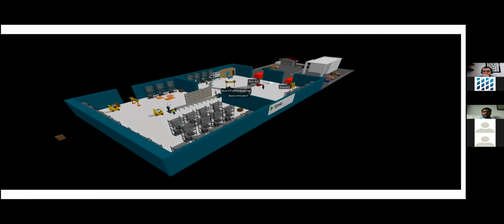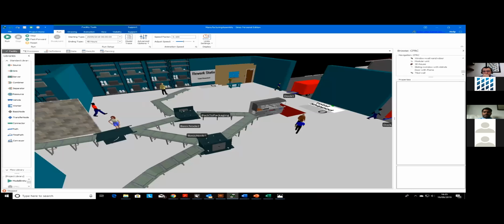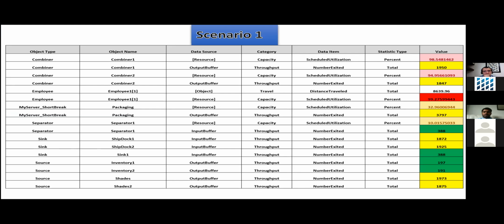We have had some examples of what CFRC did for some of the SMEs. I'm aware of the time limits. Very quickly, we created a simulation model for a company. We realized the combiners and the employees working there were working above their capacity. It was a glass manufacturing company.